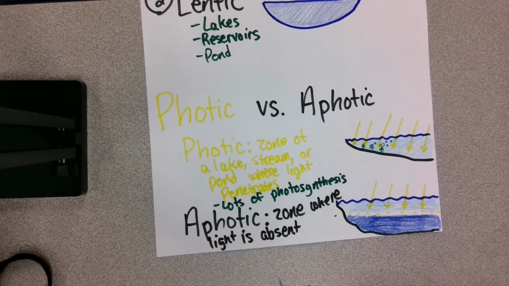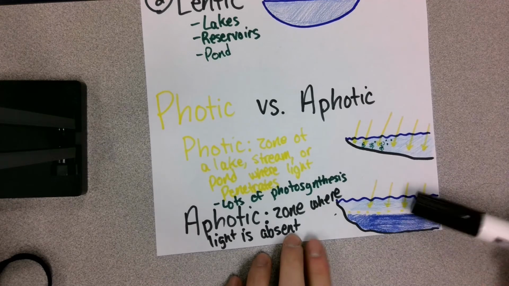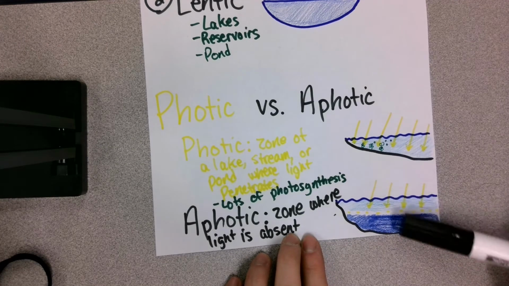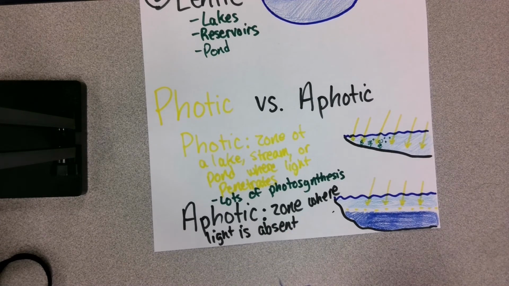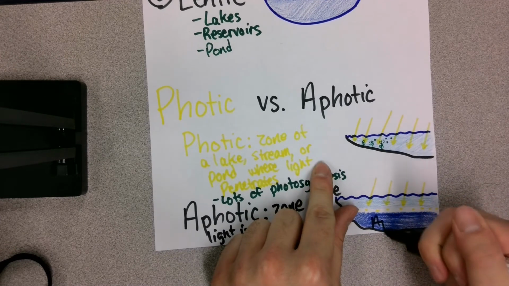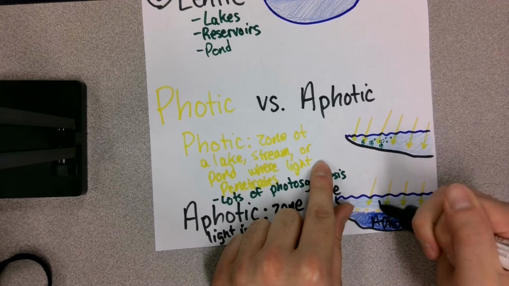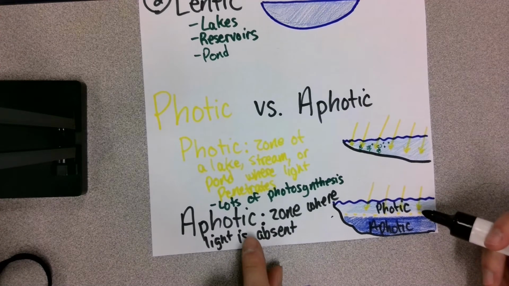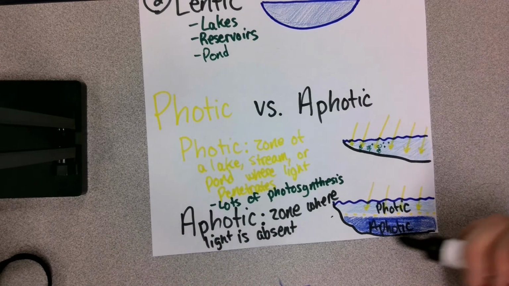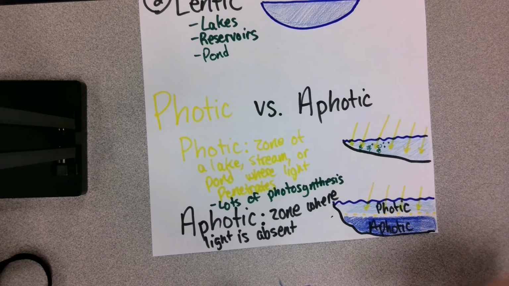The way that I like to think about this is you have an upper layer here where the sun is reaching, and as you go down deeper and deeper, there's this darker blue water here, which would be the aphotic zone, and this here would be the photic zone. So the sunlight is penetrating up here into the photic zone. The aphotic zone is the dark depths of a lake or a reservoir. And I think about Finding Nemo, where they go down to the deep, dark depths of the ocean and they run into the anglerfish that has the light and stuff like that.